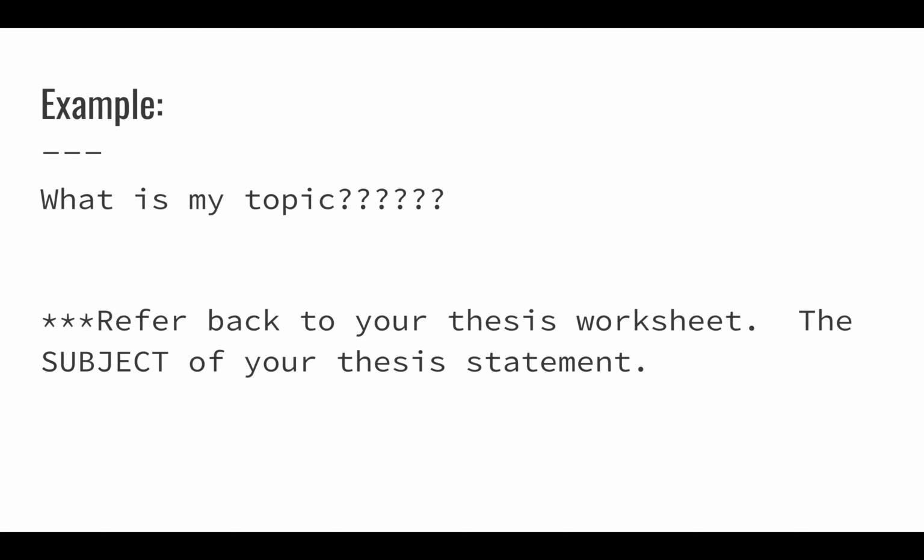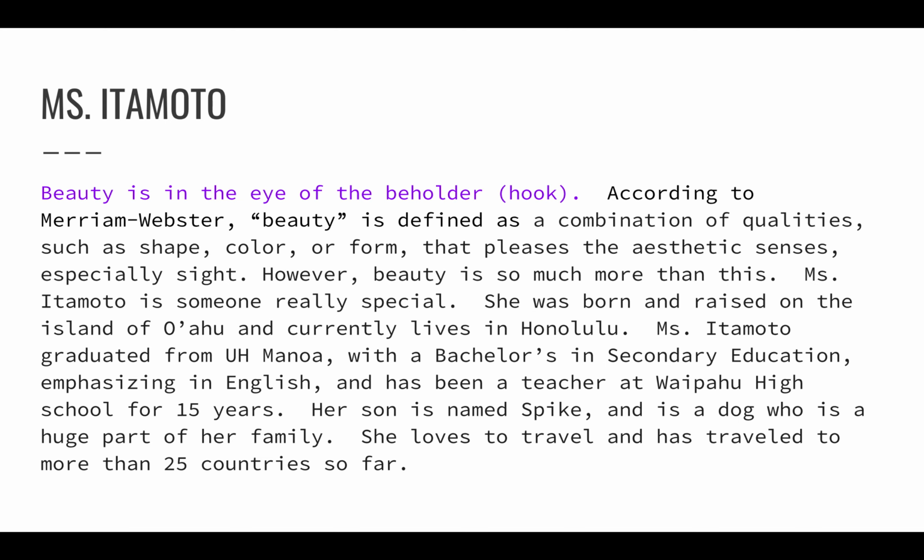For example, you have to first think about what your topic is. In order to do this, refer back to your thesis worksheet. It's the subject in your thesis statement. Okay. Here's an example. Okay, so beauty is in the eye of the beholder. That's my hook. Okay. The rest of this is background info.